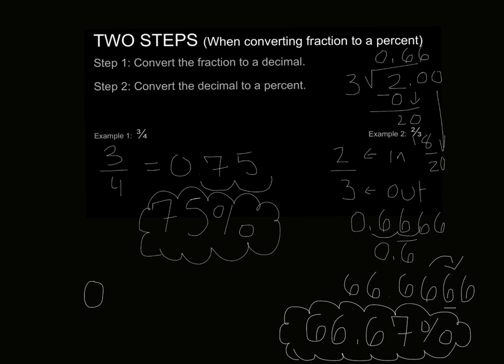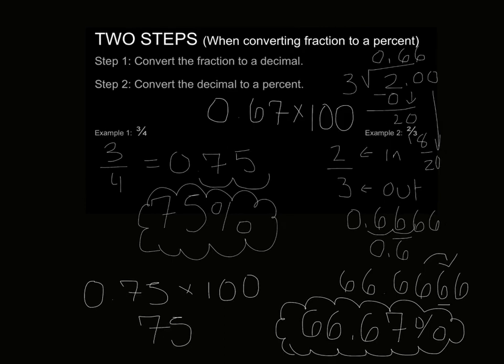So 75/100 times 100 would also give you 75. Same thing for the other side, the 2/3. It's just 67/100 times 100. It's going to give you this value.